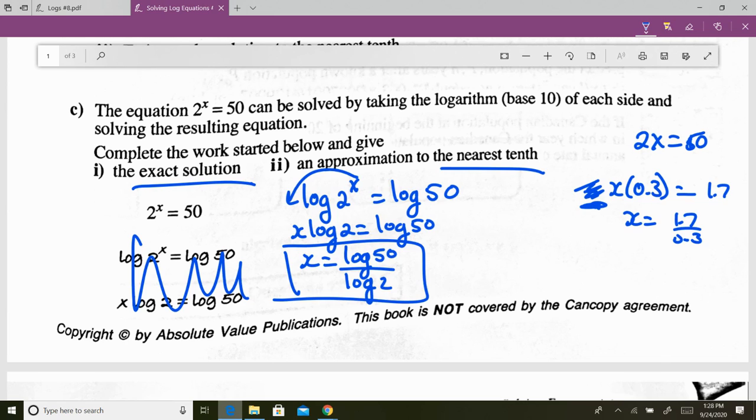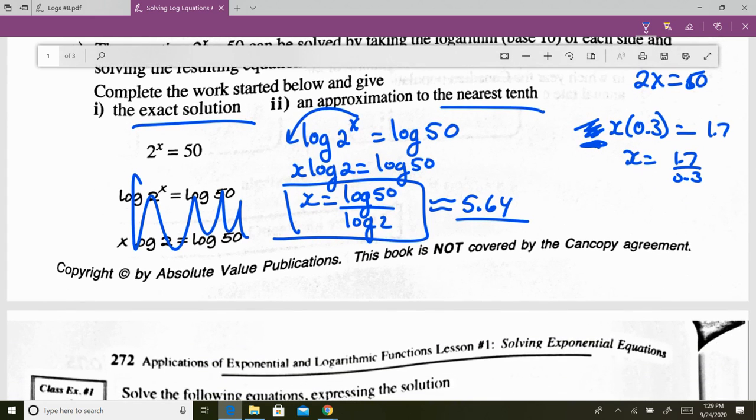And the answer is 5.64. Okay. Is that okay for everybody?